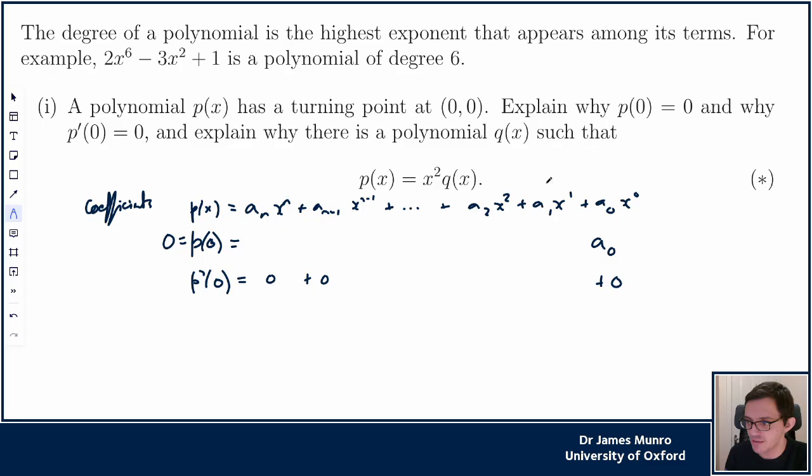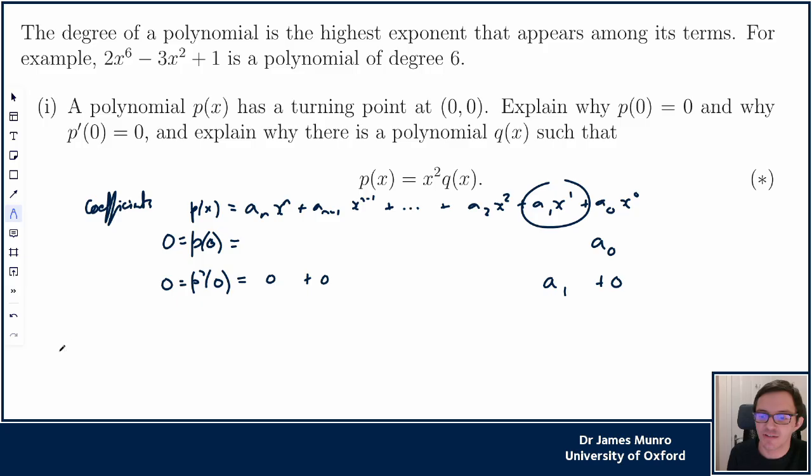It's only this term here, this a1 x to the 1, that differentiates just enough to give me a non-zero function. But then when I plug in 0, there are not enough x's left over to give me a non-zero value. Putting all that together, the derivative at 0 is just a1. And we've been told that this is 0 as well. We just proved that this is 0 as well.